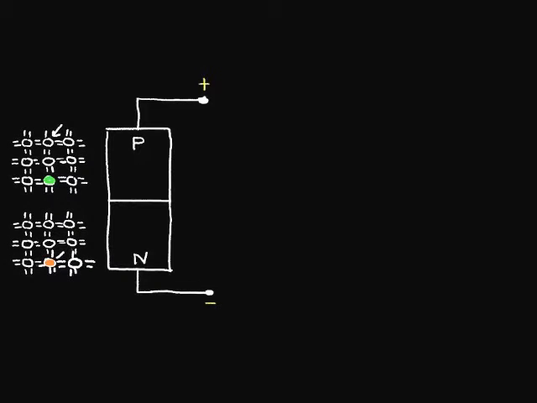And so let's consider what happens when we form a p-n junction. We'll take this p material up here and this n material up here, and we'll put them together. So let's show that here. So here we have a p-type material that has an excess of holes, and here we have an n-type material that has extra electrons. It has been doped with phosphorus.